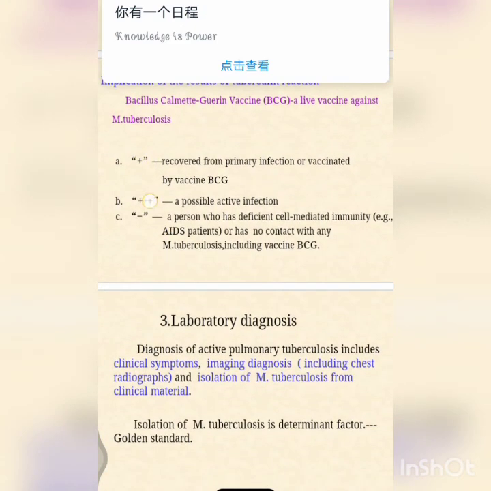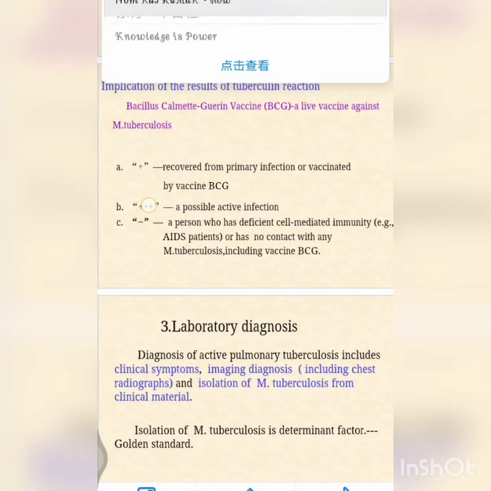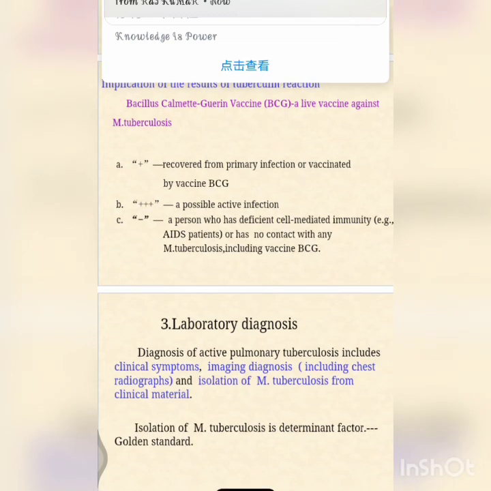And finally, we have come to the laboratory diagnosis. In microscopy we use ZN stain and fluorescent stain; culture on solid media, especially LJ, that is Lowenstein-Jensen, and liquid Middlebrook media, and BACTEC; identification by biochemical tests; and AST by the resistance ratio method, absolute concentration method, proportion method, and BACTEC.